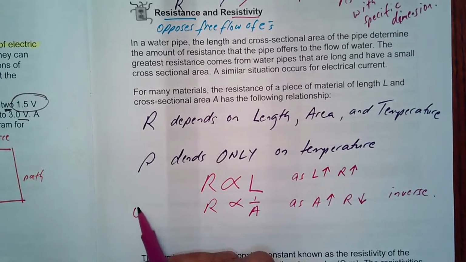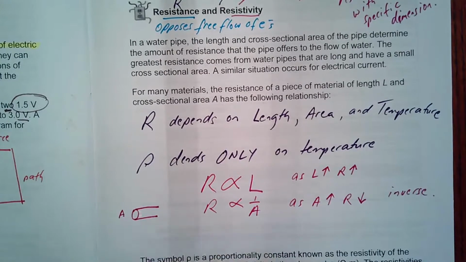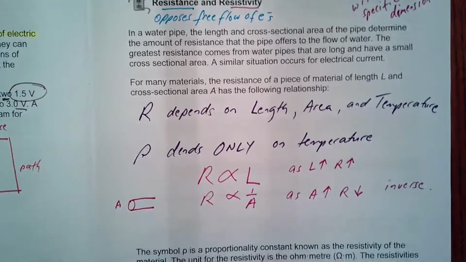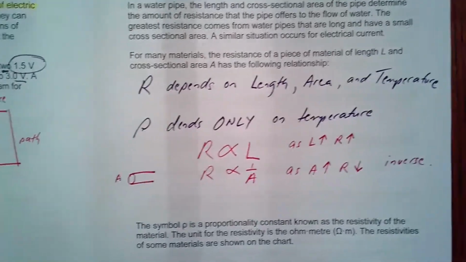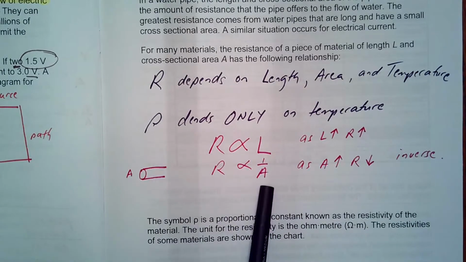So here's your wire, for example. This is the area that you're looking at. So you want to make sure that the wire is thick to accommodate the high power, high voltage appliance that you're powering up, because the resistance is inversely proportional to the area.